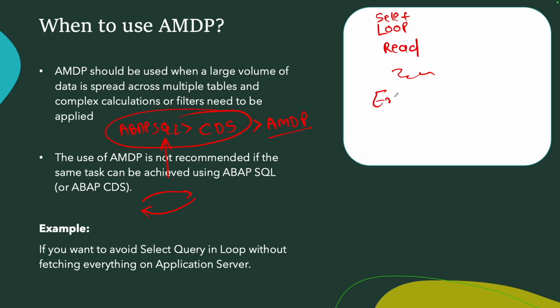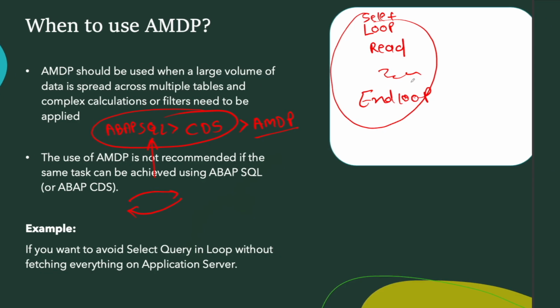If you want to eliminate this, you can use AMDP, because in AMDP you can also use loops, if conditions, all of that. We will see that. So let's move forward.